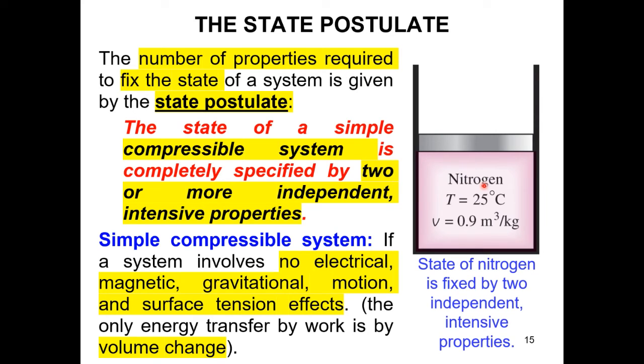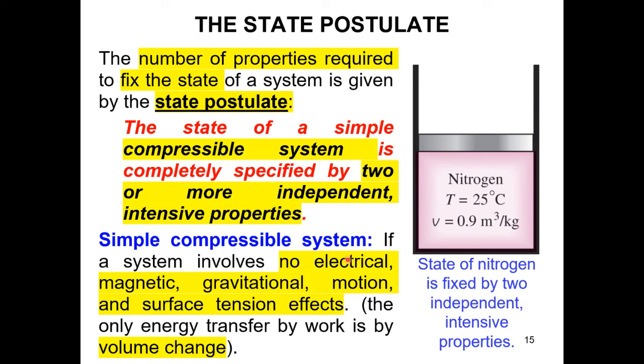The state of a simple compressible system is completely specified by two independent intensive properties. So here you have nitrogen gas, and at least two properties can define this system.